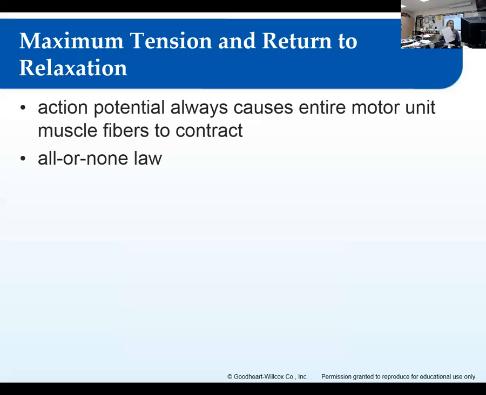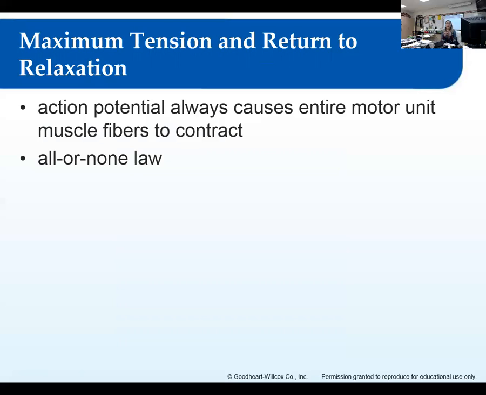All right, maximum tension and then a return to relaxation. It says when receiving an action potential, a given motor unit always develops maximum tension. It's called the all or none law. Because each whole muscle includes multiple motor units, simultaneous activation of many motor units is required for the muscle to develop maximum tension.